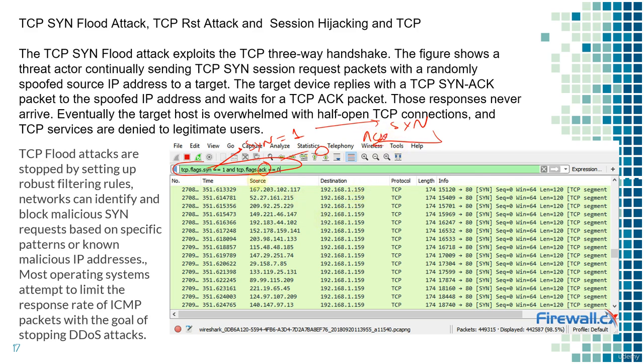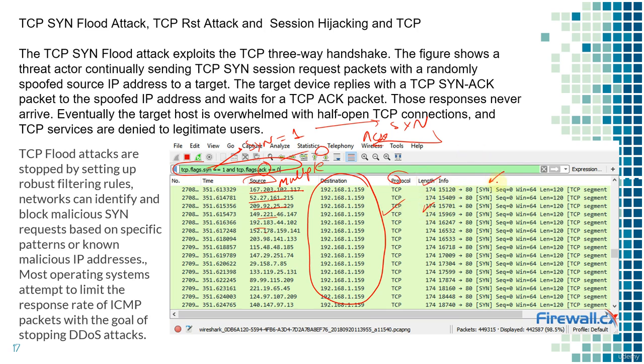So you can see the source is this system, then this system, then this one. We have multiple sources, but they are going to the same destination with the same protocol, TCP, with the same length of 174.